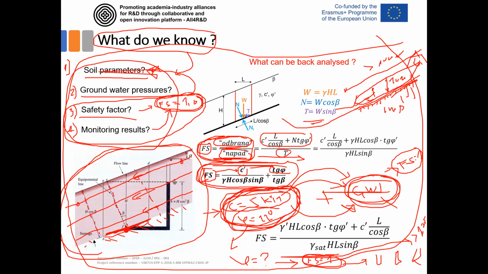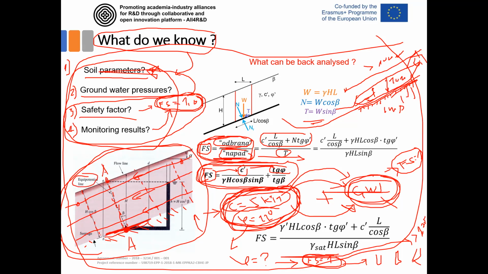The equipotential lines are actually the lines of the same potential as defined by Bernoulli's equation, and this flow net is actually a solution of the Laplace equation of water flow through soil. If we recognize this equipotential line, the potential here must be the same as here. That's exactly the definition of the equipotential line.